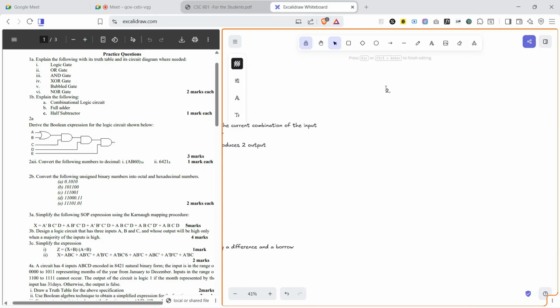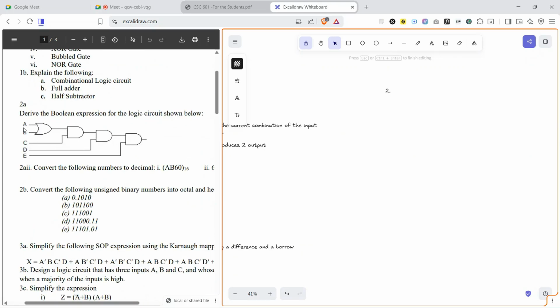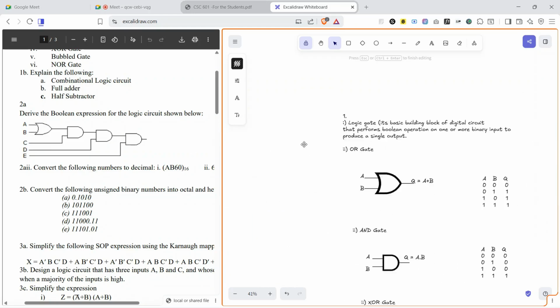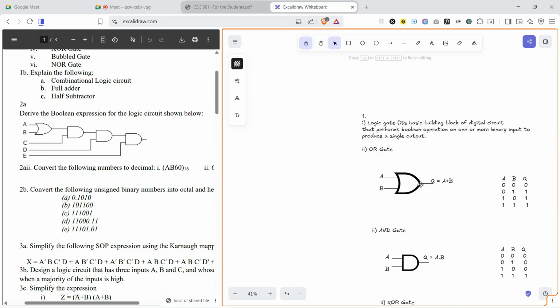So for question two, we are to derive the Boolean expression. From this diagram already, we can see AB combining with C, D, E. From what we've done here, this is what AB is. Then the other components are AND gates.